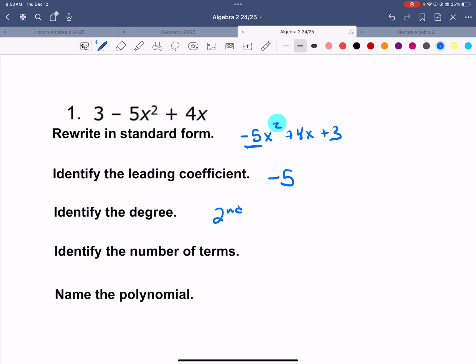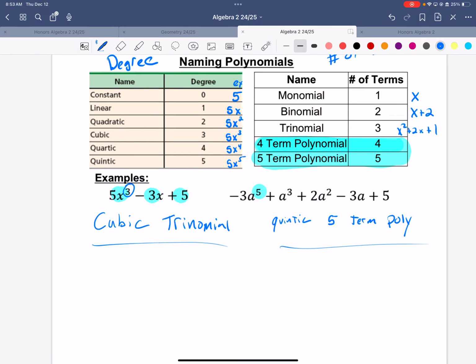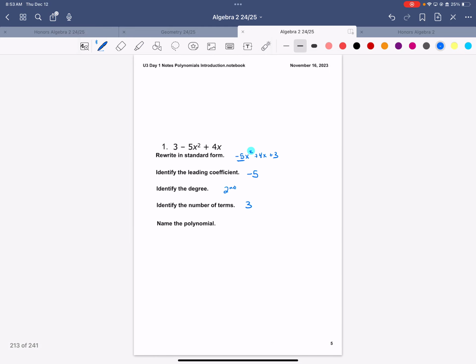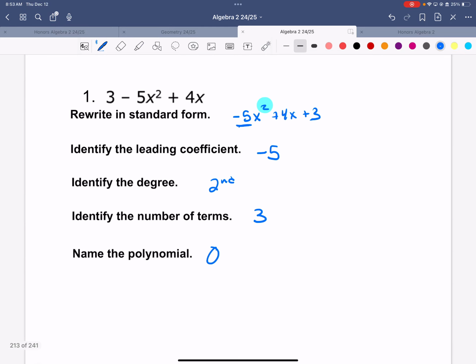Number of terms, I count 3. So name the polynomial. Second degree is, go back to our thing, quadratic with 3 terms. Trinomial? Good? Can we do those 5 things?